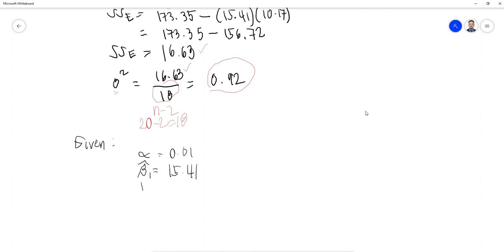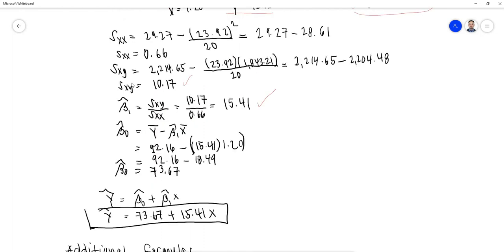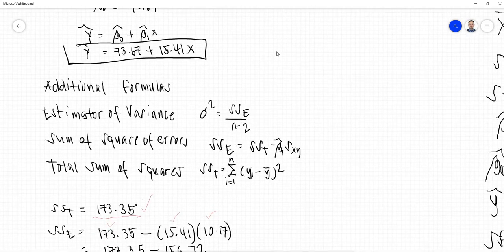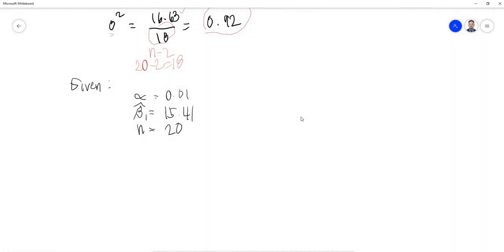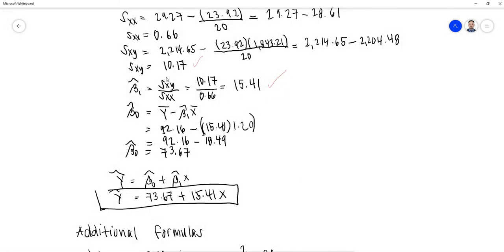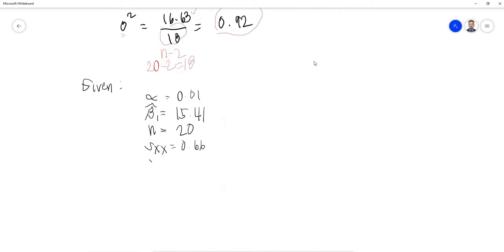The number of samples is n equals to 20. S sub double x is 0.66. S sub xy is 10.17.